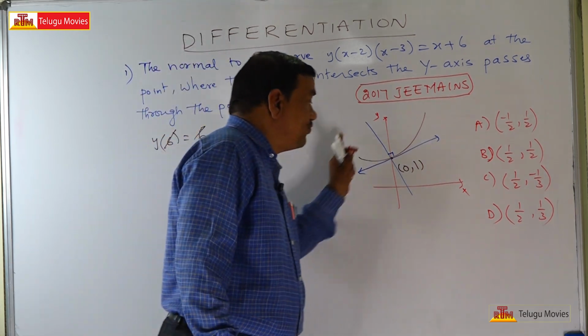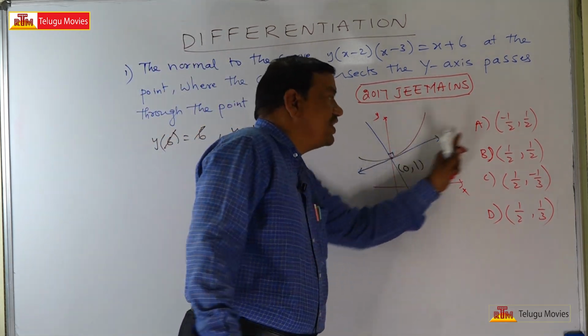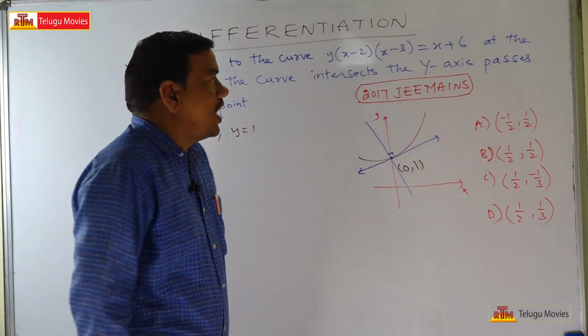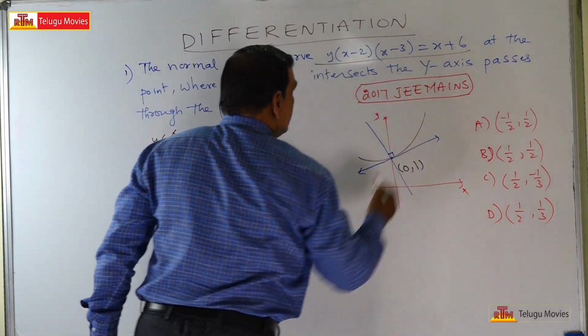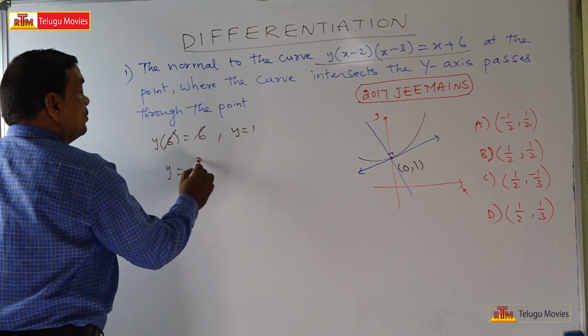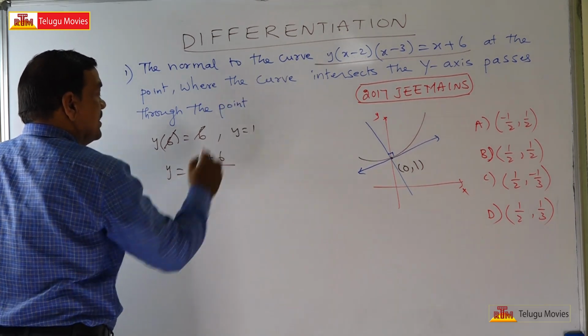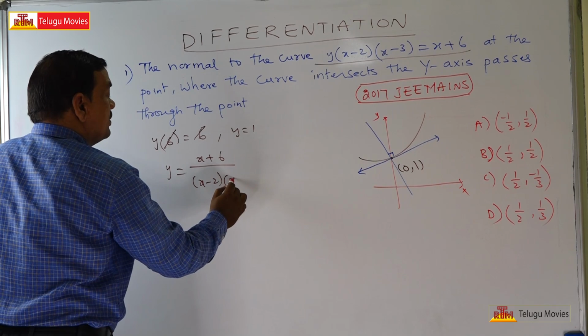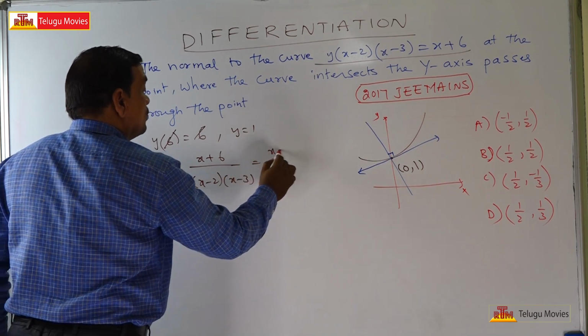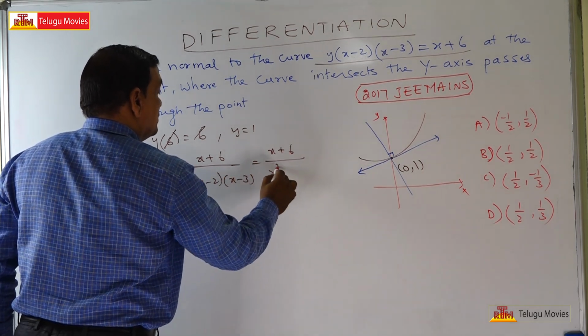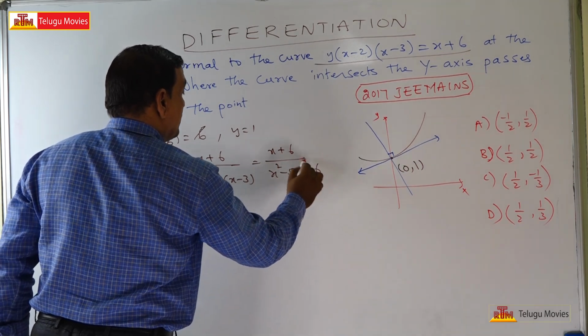Before finding the slope of the normal, first you have to find the slope of the tangent. Here y is equal to x plus 6 by (x minus 2)(x minus 3), that is x plus 6 by x square minus 5x plus 6.